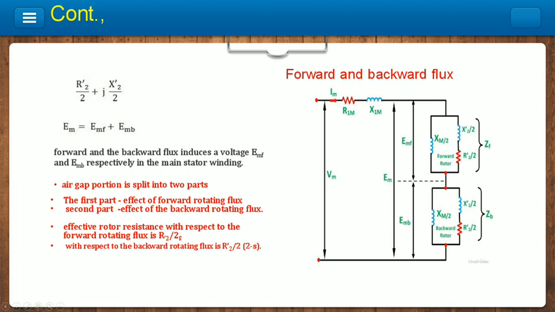Here, the effective rotor resistance with respect to the forward rotating field is R2 dash by 2S, and with respect to the backward field is R2 dash divided by 2 into (2 minus S), where S is the slip of the forward rotating field and 2 minus S is the slip of the backward rotating field. So our resistance becomes variable now.